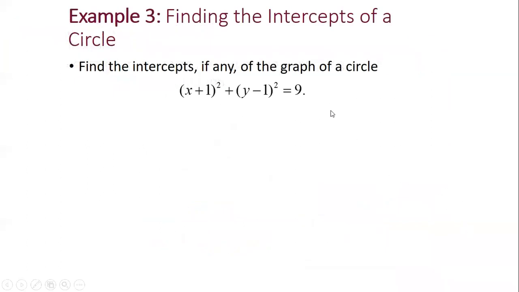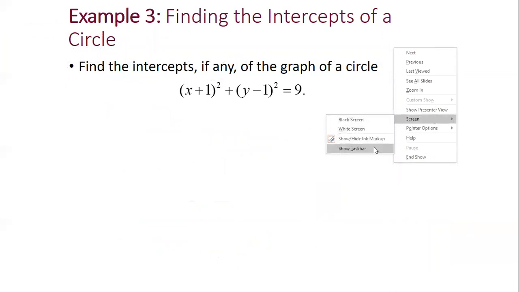And then once you've done that, now you're in a position where if you're doing it by the calculator, you can find the intercepts, you can find anything that you may be looking for. So if we're choosing to solve it with the calculator, let me get back to my screen.